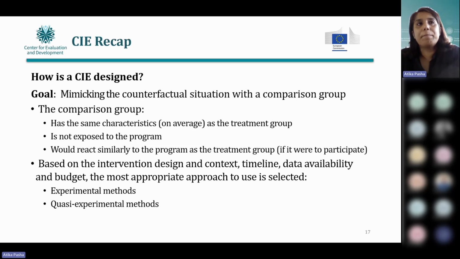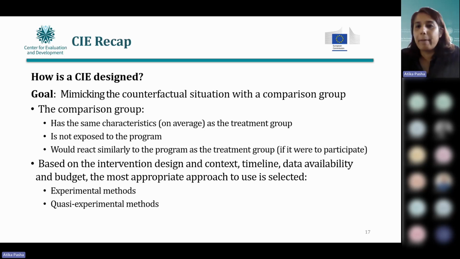And then finally, what we're expecting from the control group is not that they react completely differently to the same program, but that they have a similar reaction or a similar trend in terms of employment or income, for instance.